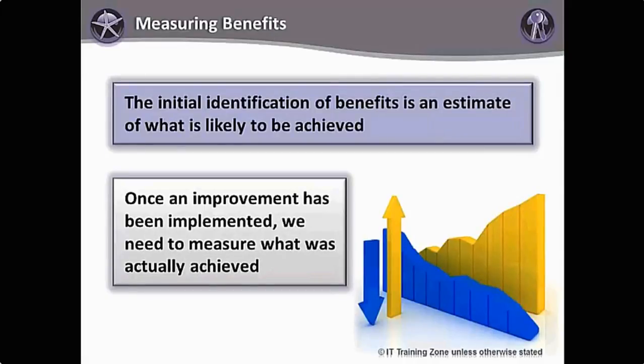The last area we're going to address in this lesson is measuring the benefits achieved. The initial identification of benefits is an estimate of those likely to be realized by the proposed process improvement initiative. Once an improvement has been implemented, we need to measure the benefits actually achieved.